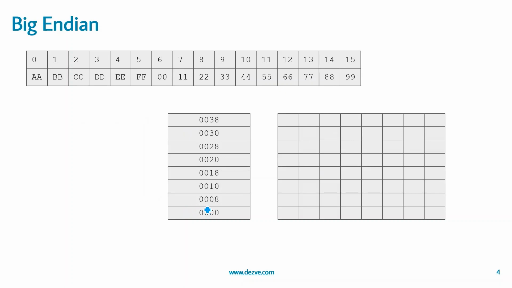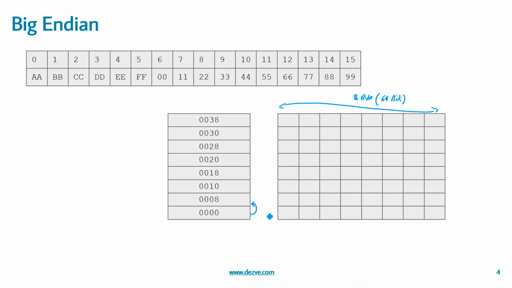Now let us see this. For big Indian, if you see, this is 8 bytes, so each row has 64 bits of data. Any consecutive address increment will be by 8: 0, 8, 10, 18, all hex.